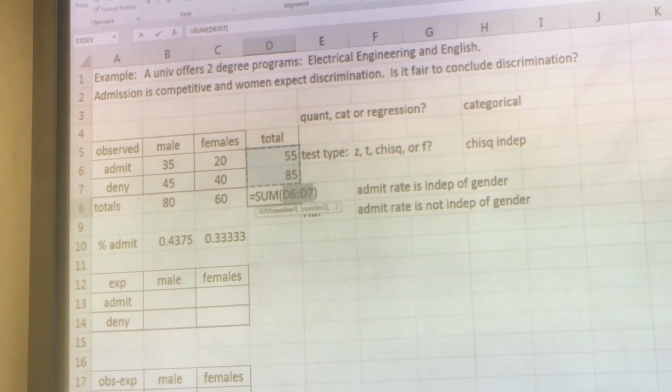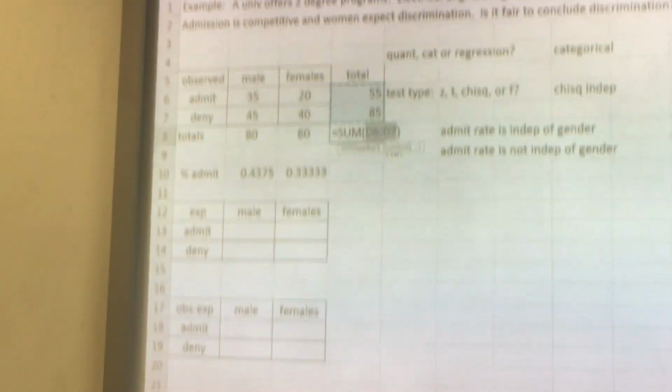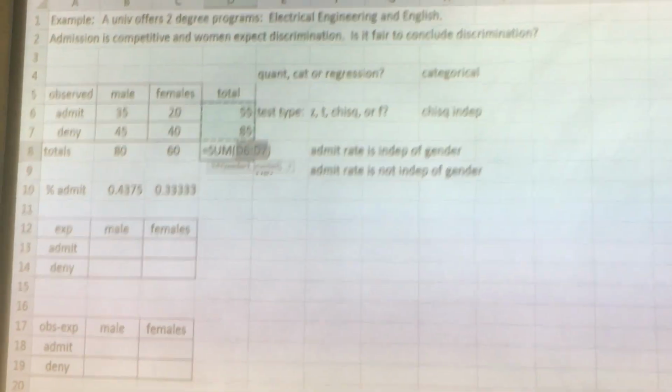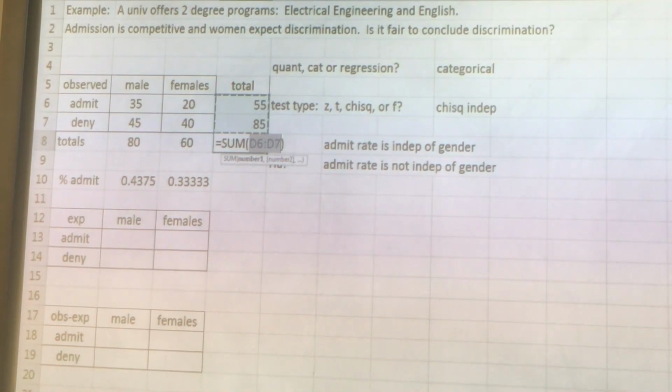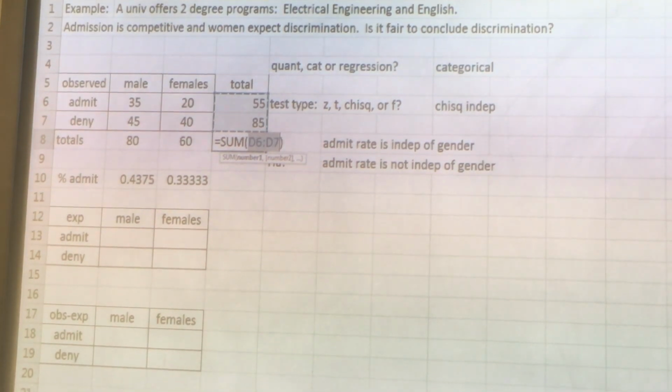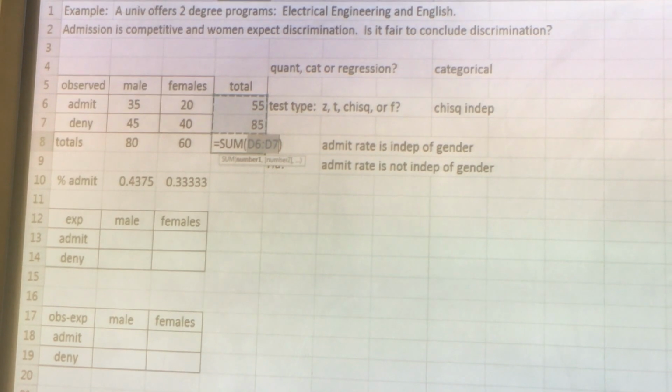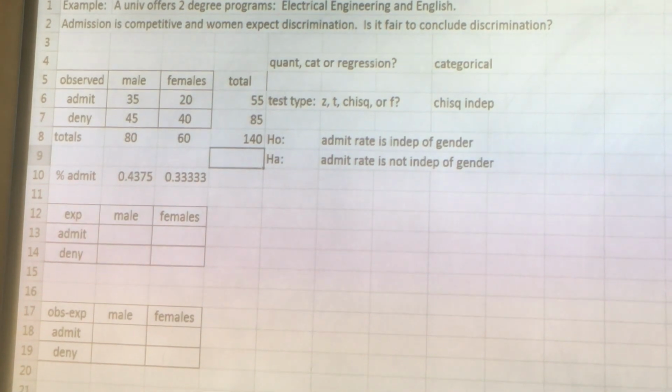If you have a larger than 2 by 2 table, that's going to be a source of mistake. In this case it doesn't matter, but if it's bigger than a 2 by 2, it's going to matter a lot. So pay attention to what it's highlighting here. That's a very common source of error, people not paying attention.